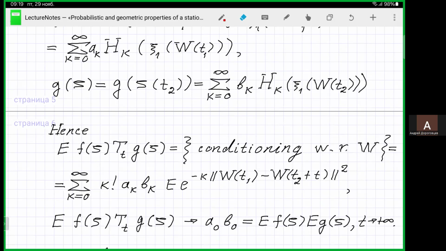Here we have the difference Wt1 minus Wt2, related to the correlation of our psi.